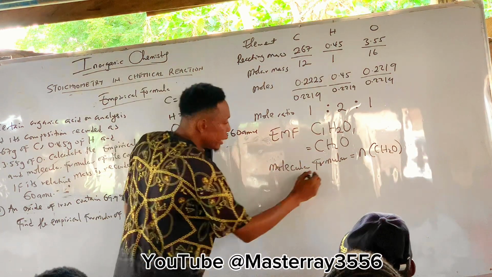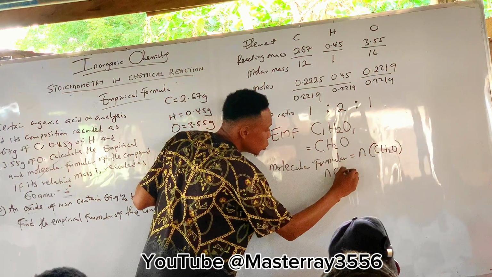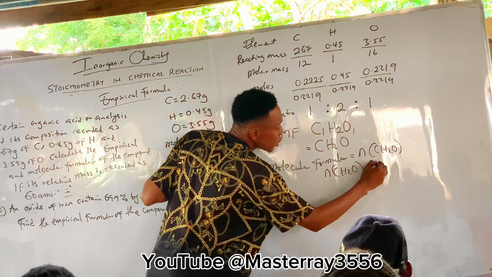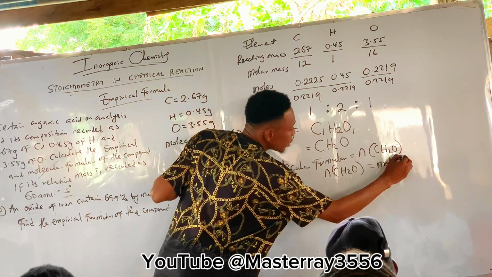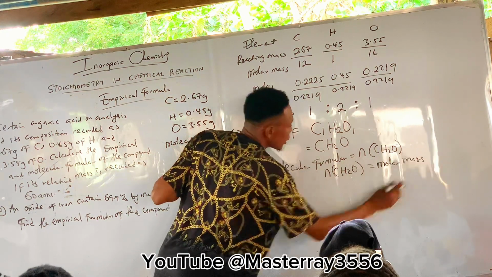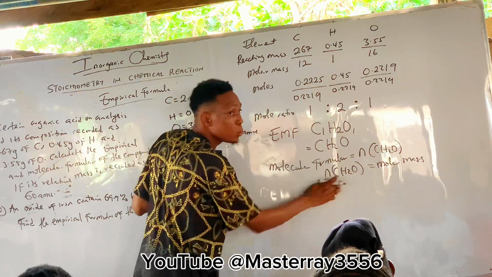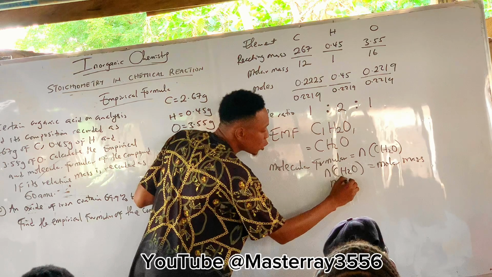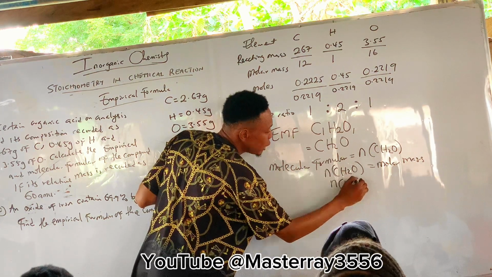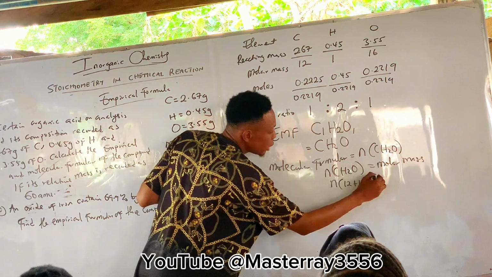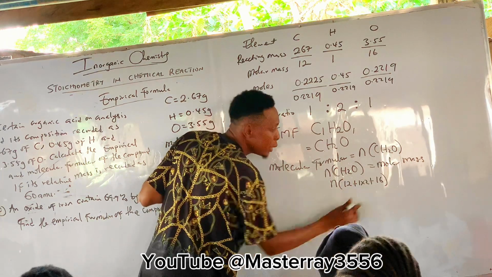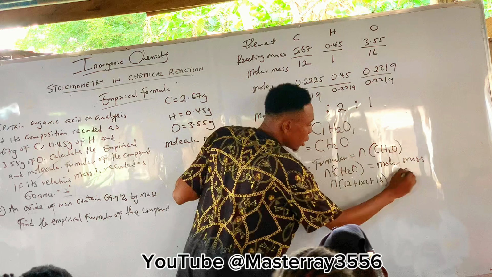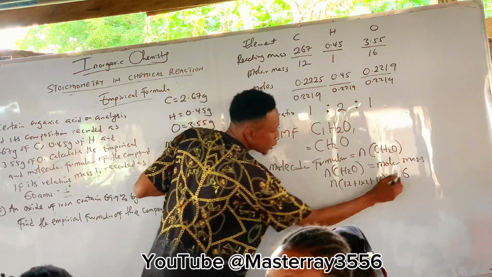To get n, nCH2O equals the molar mass, or molecular mass. So from here we look for the relative molecular mass of this. So we have n. Carbon is 12, plus hydrogen is 1 times 2, plus oxygen is 16. Are you following? Then the molar mass given was 60.